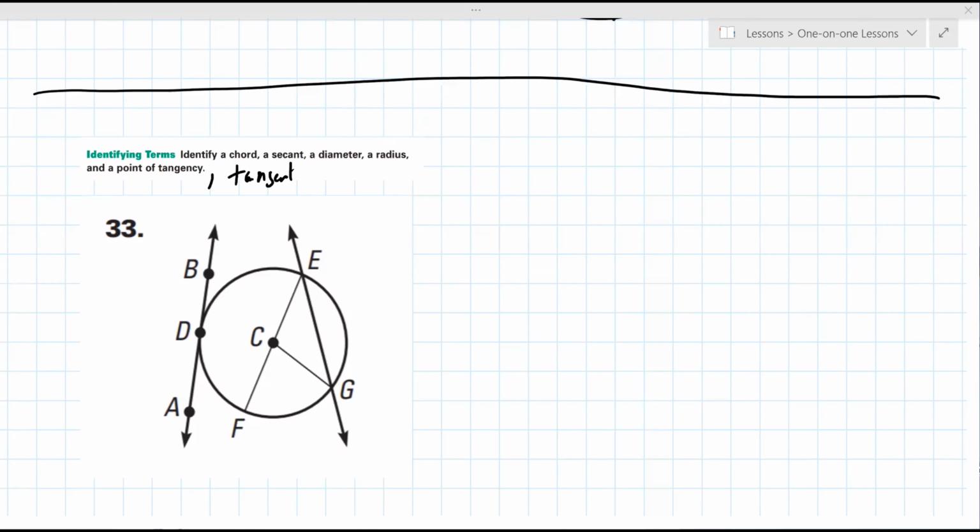If you're getting caught up on the first one, sometimes you have to add in lines or segments to do this, and that's the case for a chord. There is a chord, and you can add that one in. This is a chord that's not drawn, but the one they're looking for is the one I'm drawing here.